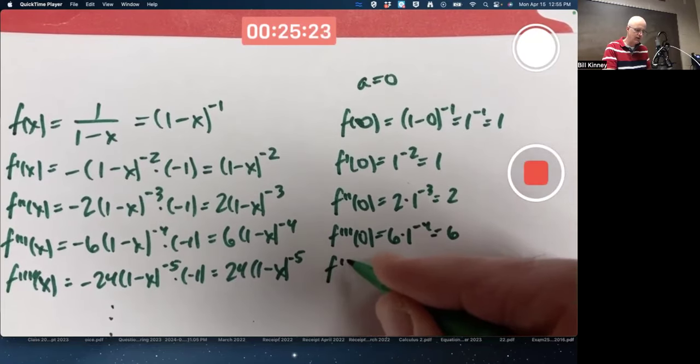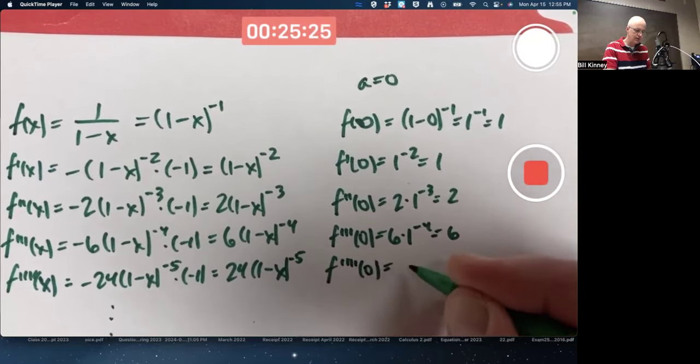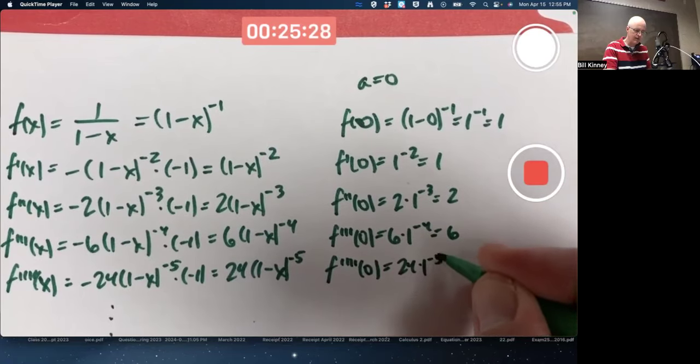We're getting factorial values. This one's 24 times 1 to the negative 5, which is 24.